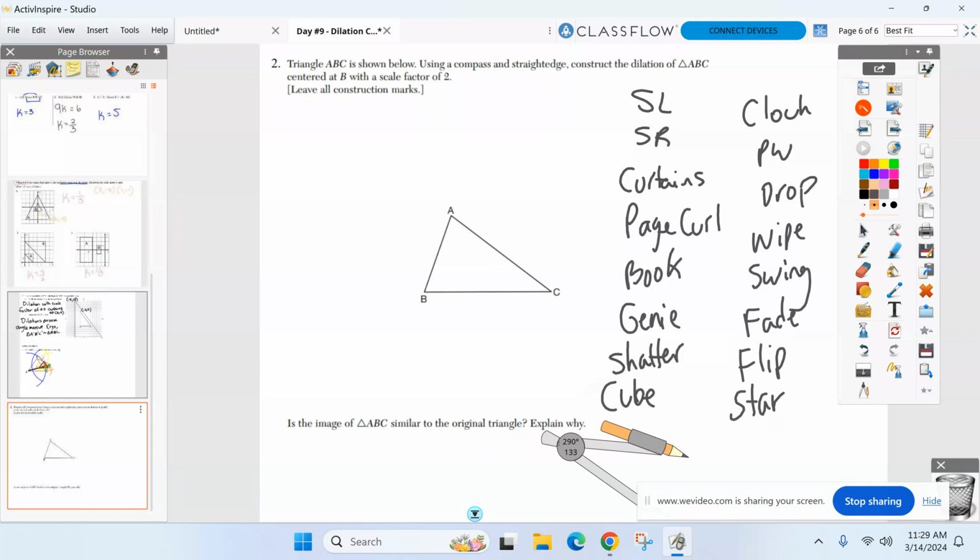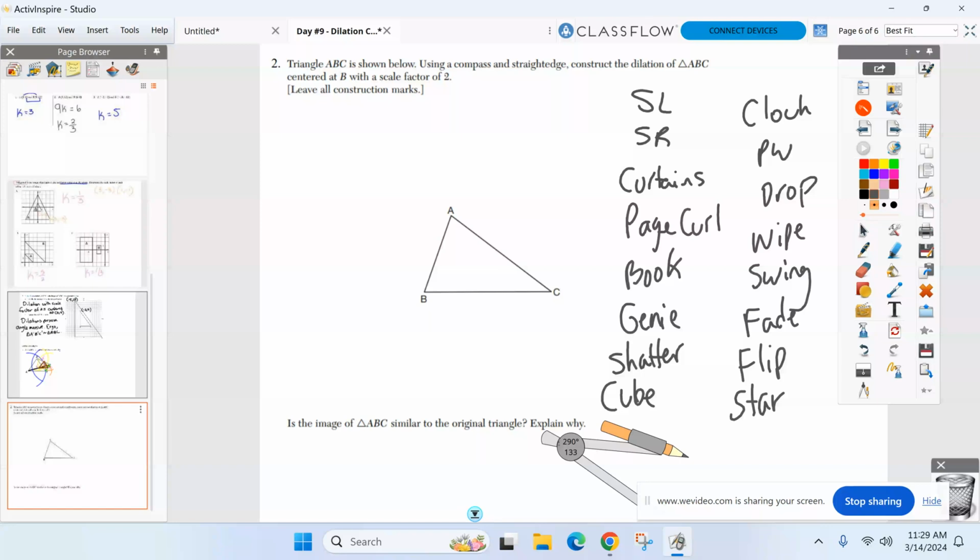We need 2 more. What are we missing? Is cube with a height? Can I not count? Is that 16? Oh, we're missing one.